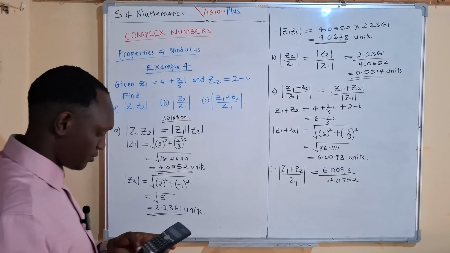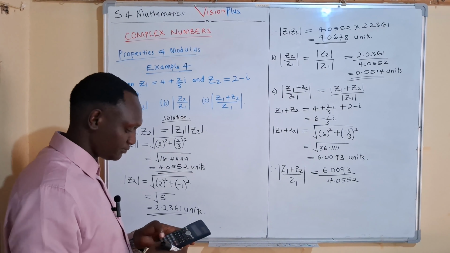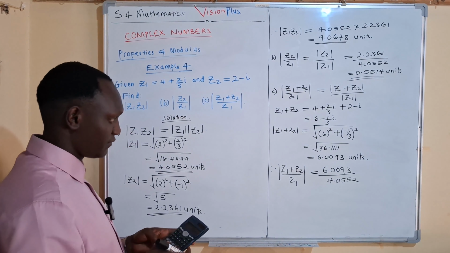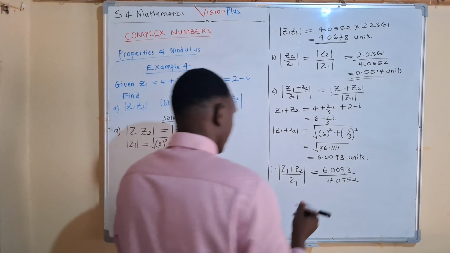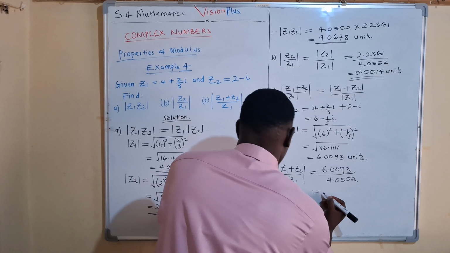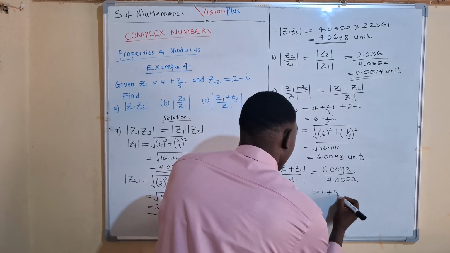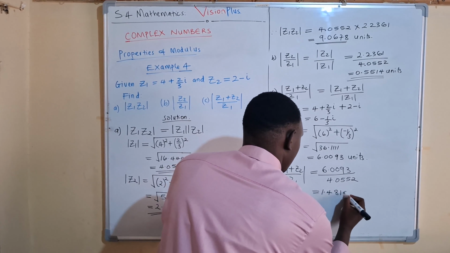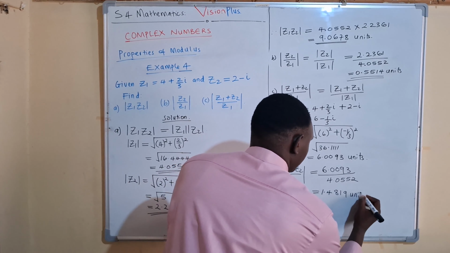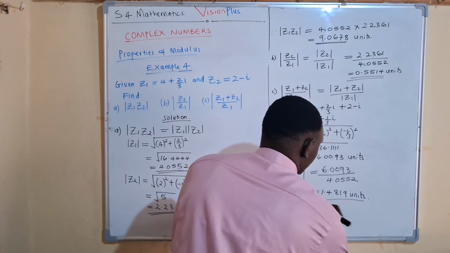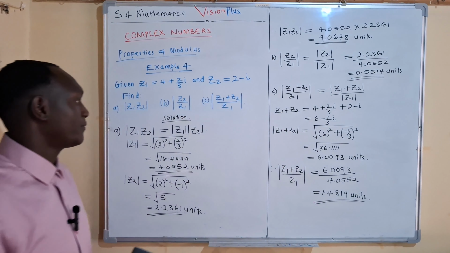So 6.0093 divided by 4.0552. And here we are getting 1.4819 units. So this is the solution to example 4.